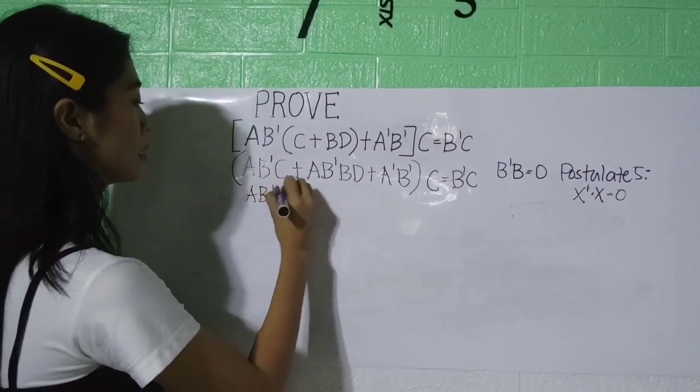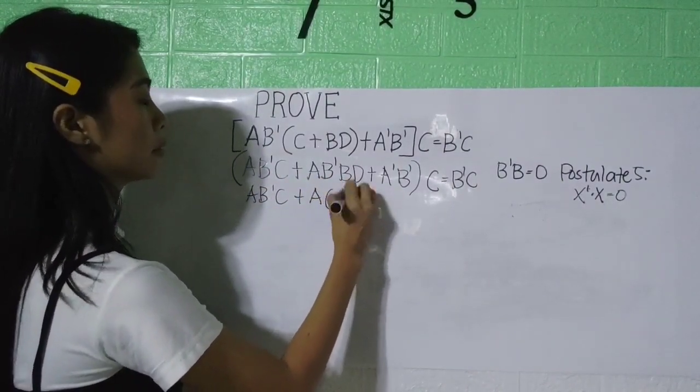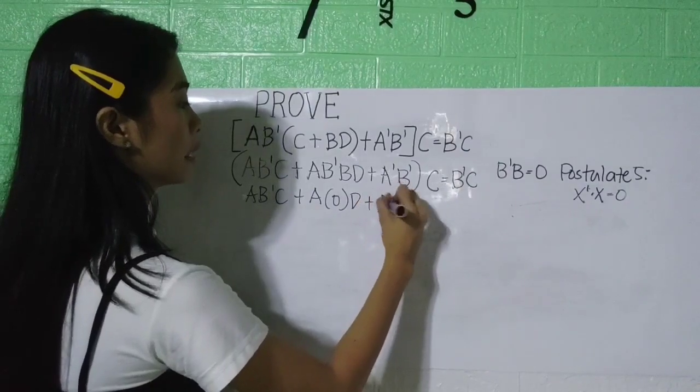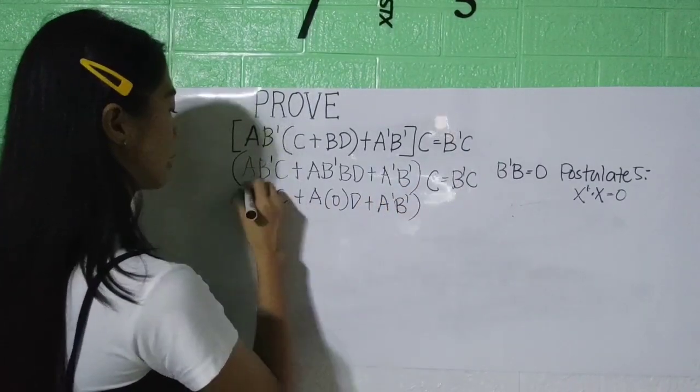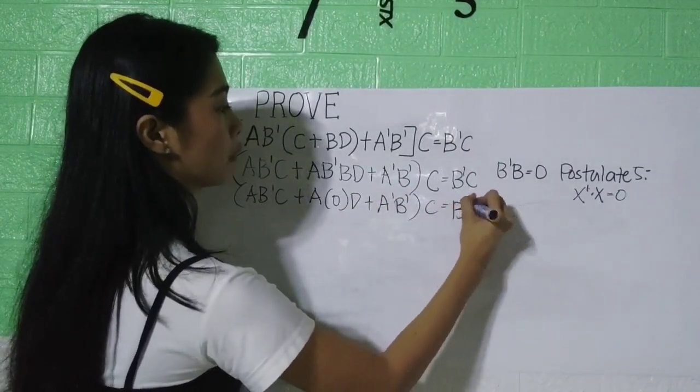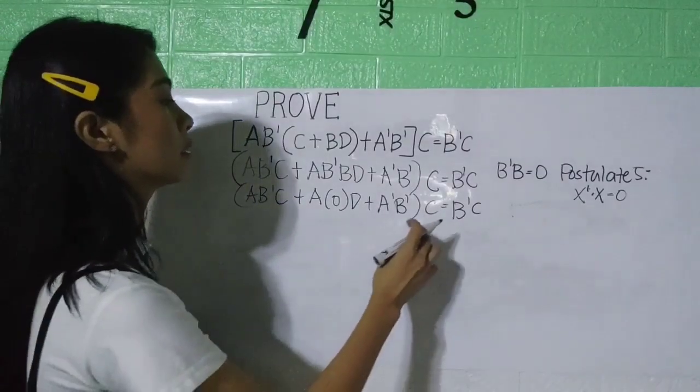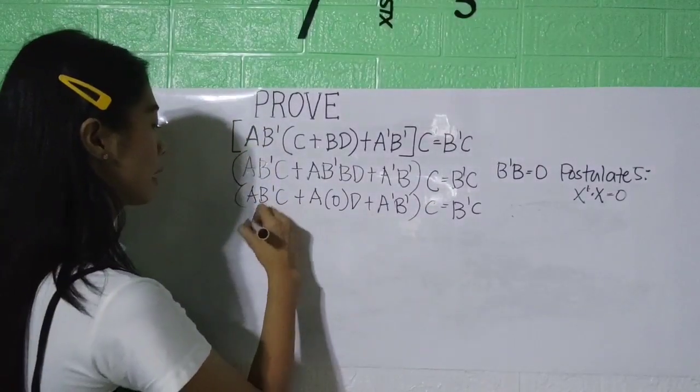So ab'c plus a multiplied by 0 plus a'b'c equals b'c. We can now distribute this c.